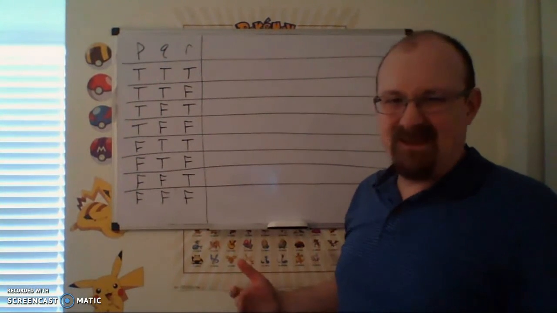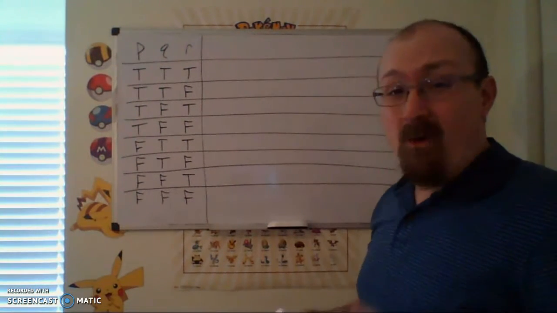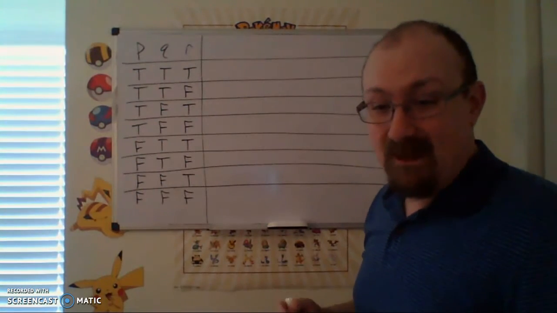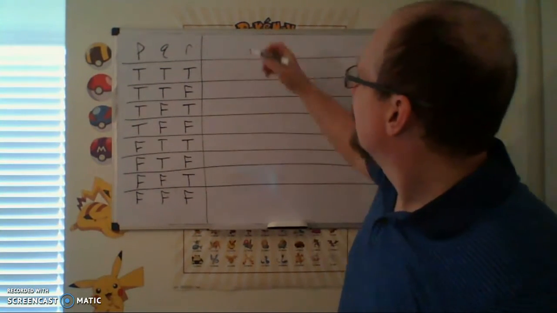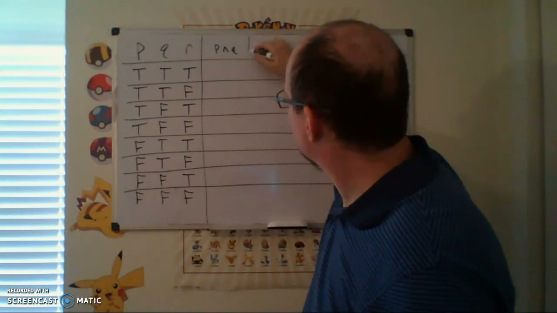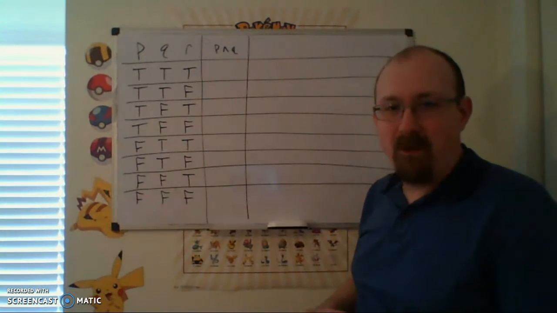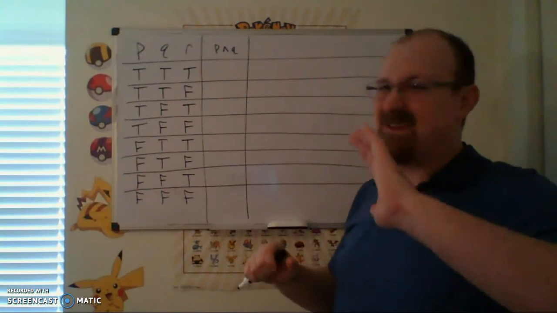So that's not a test question. But now we're going to put together a truth table for this thing. We've got 3 separate things that we really need to handle here, so I'm going to do them in this order. I'm going to go ahead and do the P and Q part first. If you wanted to follow what I've said before precisely and do negation of R, that's fine.